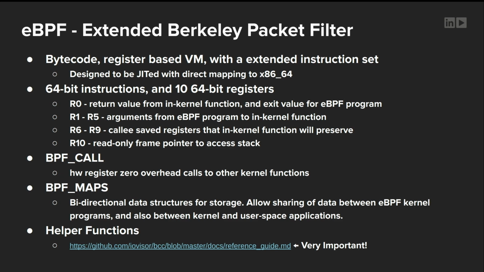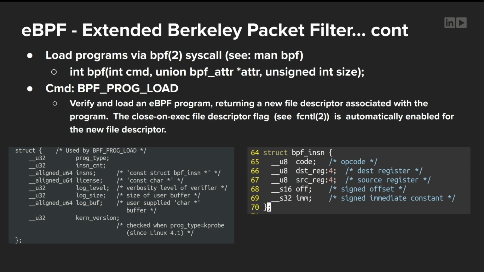It has a new BPF function call that allows you to call other functions inside the BPF virtual machine faster, as well as kernel function calls by taking advantage of some zero overhead mapping between the BPF registers and the actual kernel function calls. And then there's the addition of BPF maps.